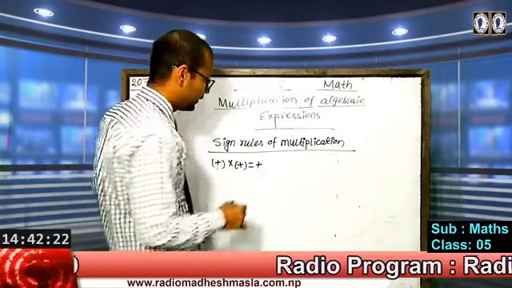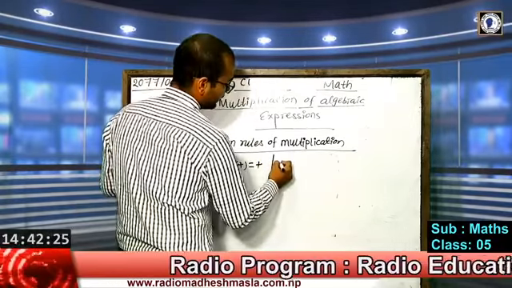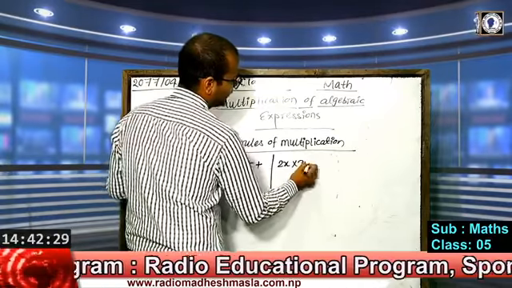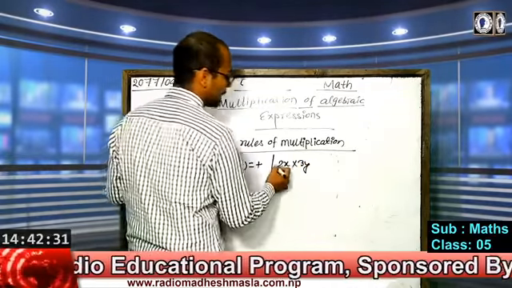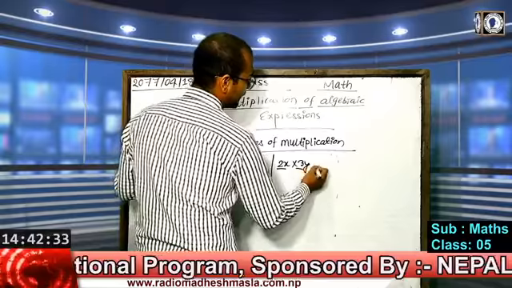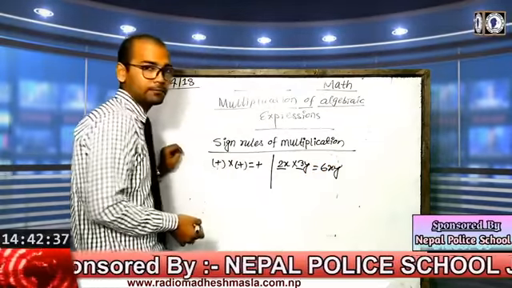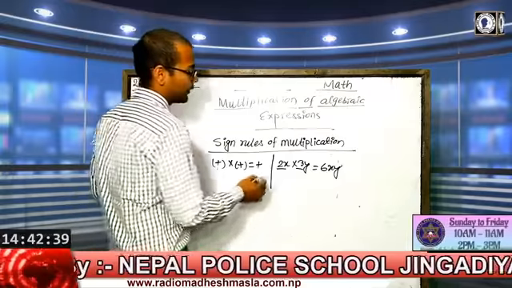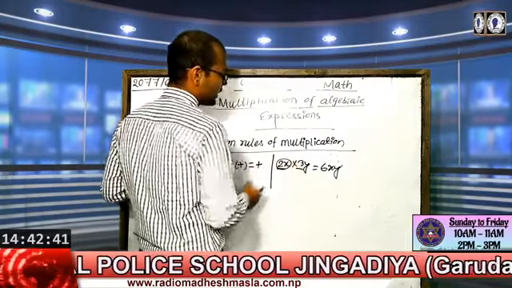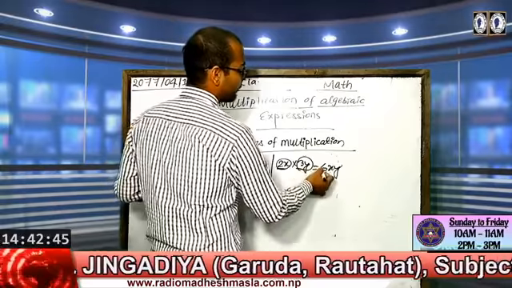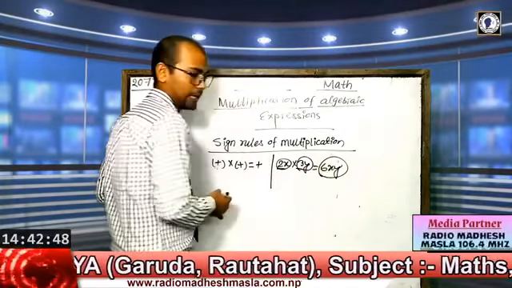Suppose when we multiply 2x into 3y, then our answer becomes what? 2 times 3 is 6 and xy. If one term holds plus and another term also holds plus, then our product also holds a plus sign.